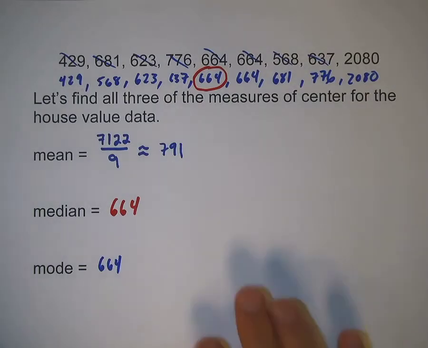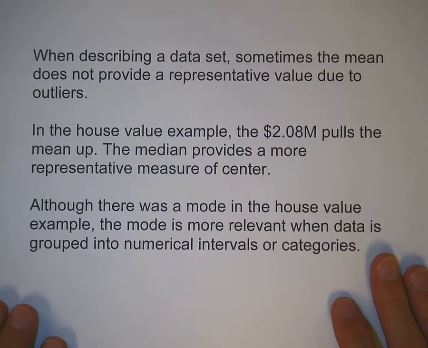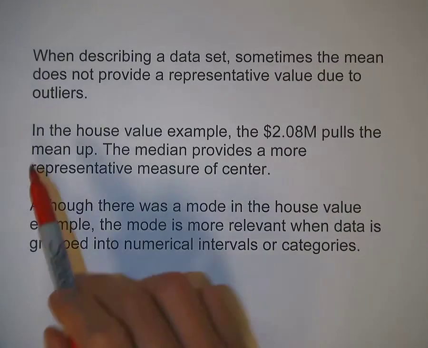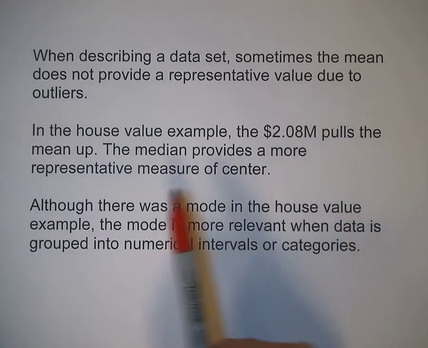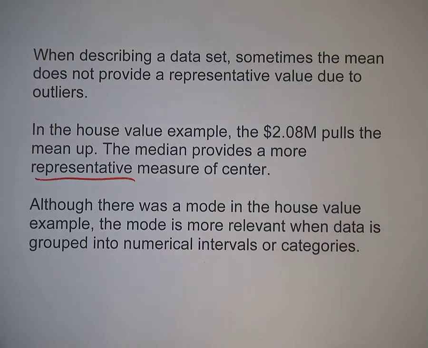To summarize, when describing a data set, sometimes the mean does not provide a representative value due to outliers. In the house example, the $2.08 million house pulls the mean up. The median provides a more representative measure of center.